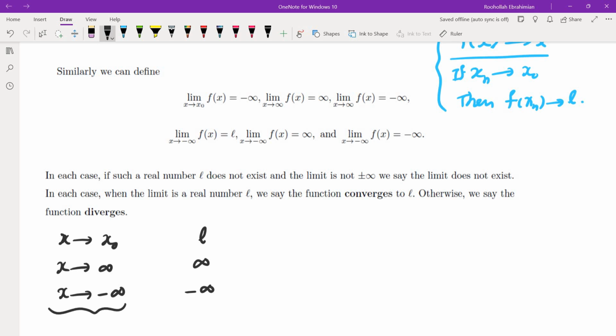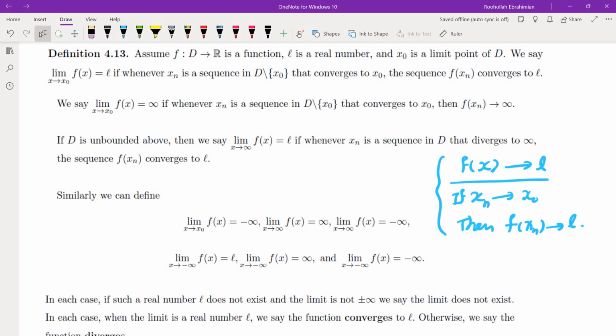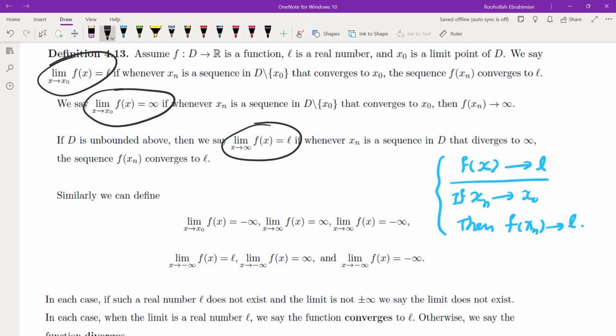There are three possibilities here, so there are 9 possible combinations of limits. And as you see, we do have 9 of them. This one is the first one, this is the second, the third, 4, 5, 6, 7, 8, and 9 different possibilities. But the idea is very similar.